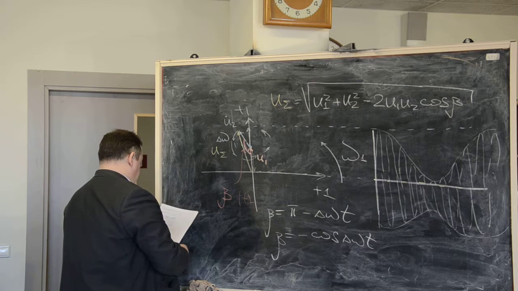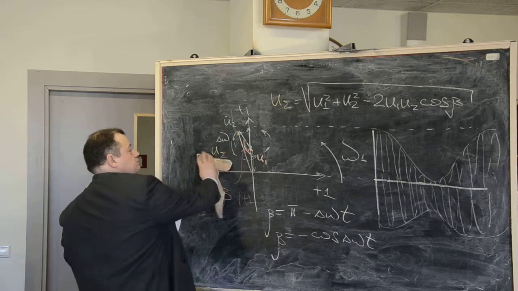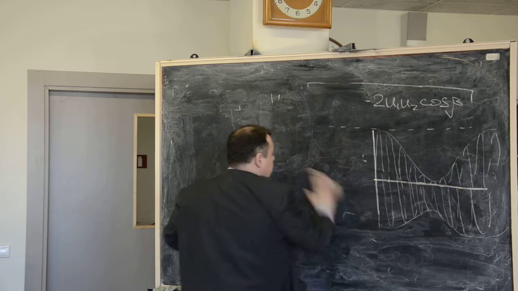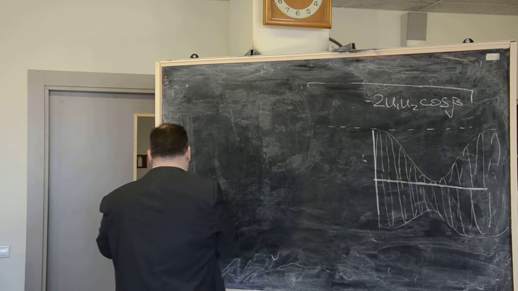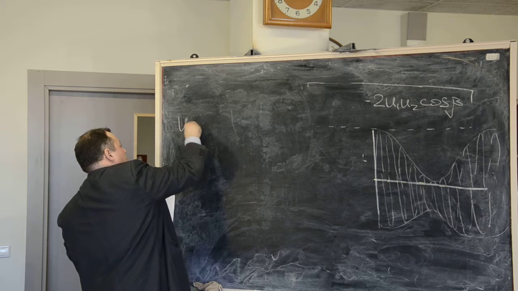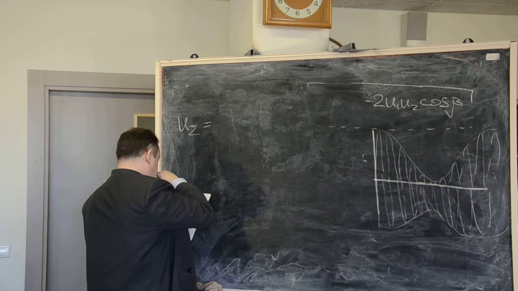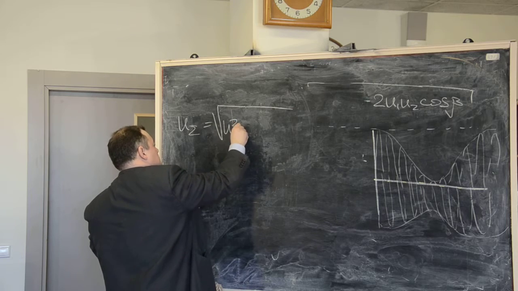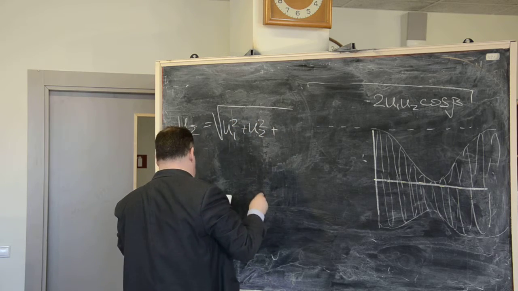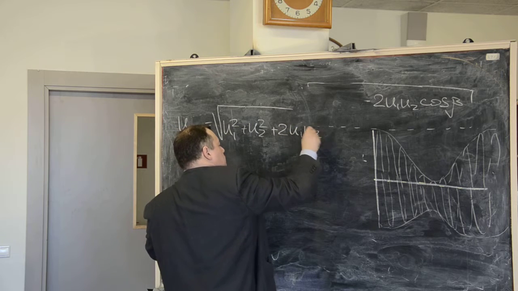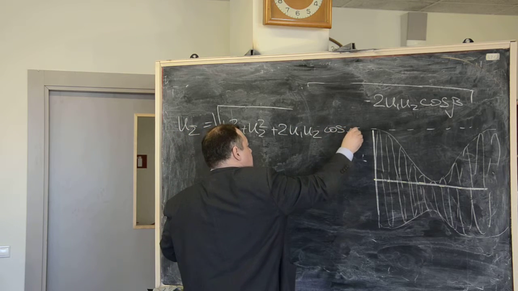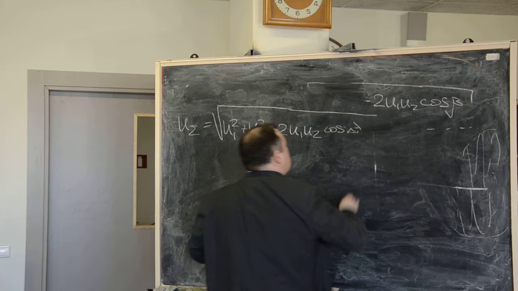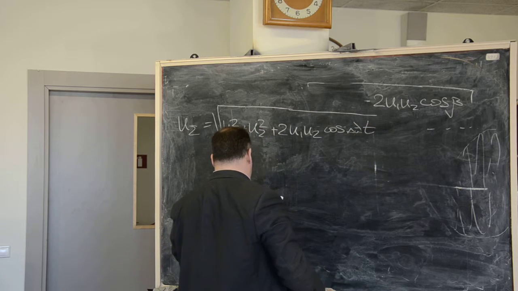And our sum of voltage will be the square root of U1 square plus U2 square plus 2 U1 U2 cosine delta omega T. Here we have omega and time.